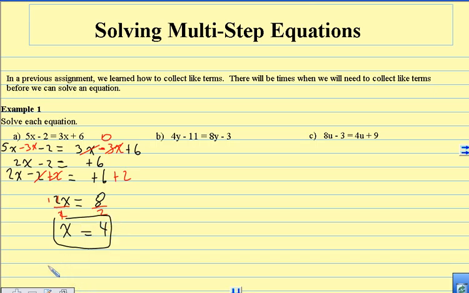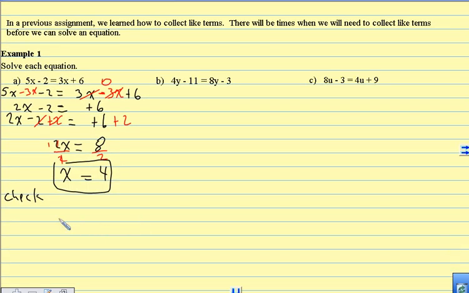That's my solution. Let's check it. If I substitute 4 into the left side, I get 5 times 4 minus 2. 5 times 4 is 20, so that's 20 minus 2, which is 18.